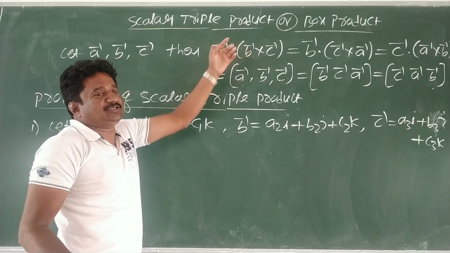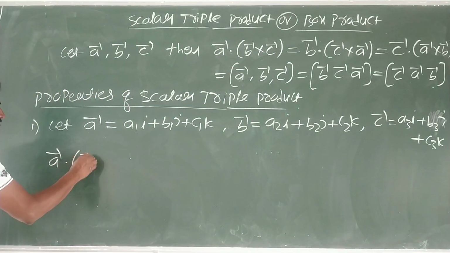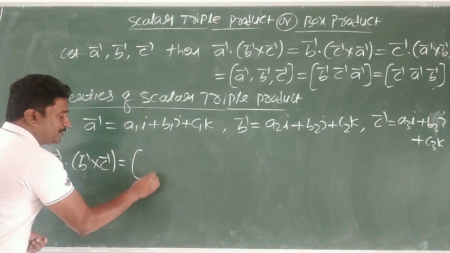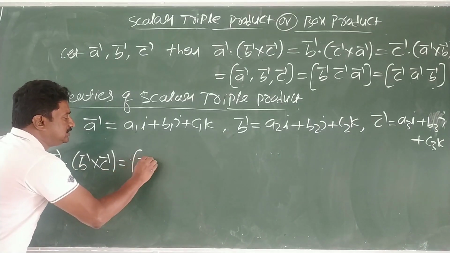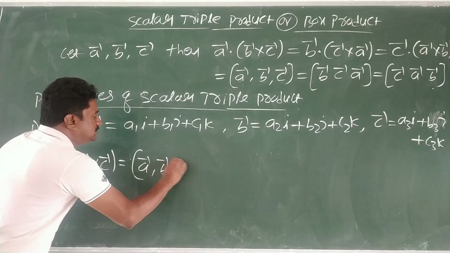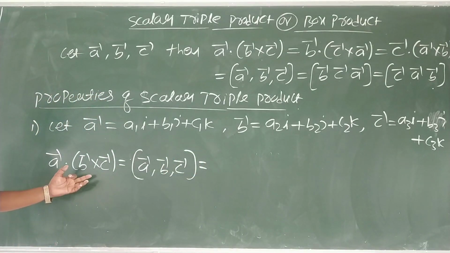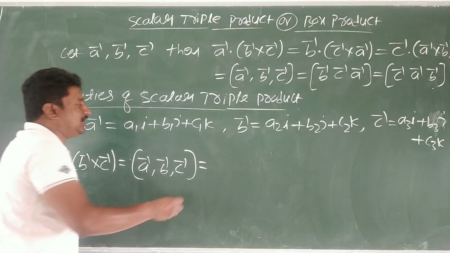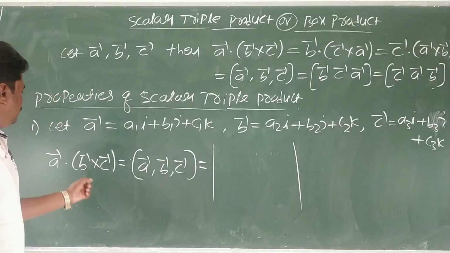Then how to find the value of A dot B cross C? Look at this, friends. A dot B cross C overall. How do you write these three vectors in a box? Box ABC. Both these two are the same. A dot B cross C can be easily found by using a determinant.